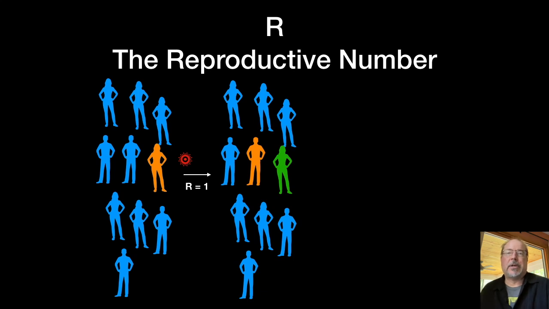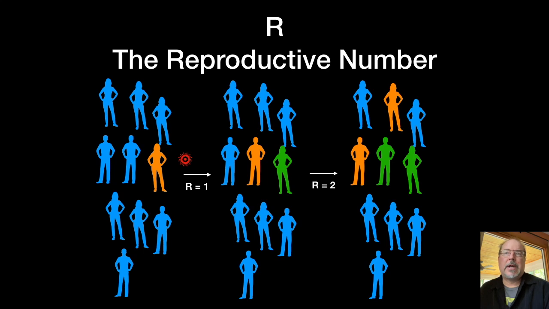the population. On the other hand, if the reproductive number of the infection is greater than 1, in this example it's 2, this person here in the orange infects 2 other people, and that infection will then spread.